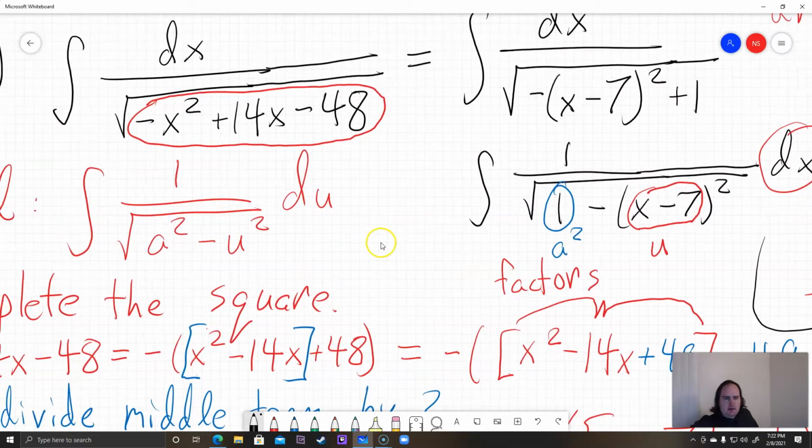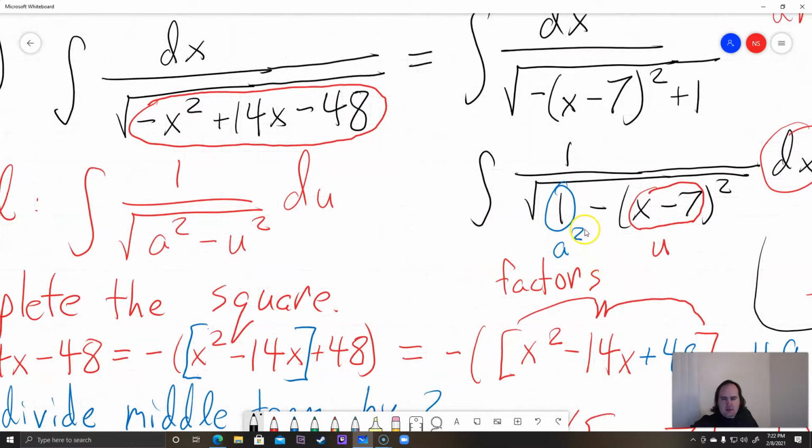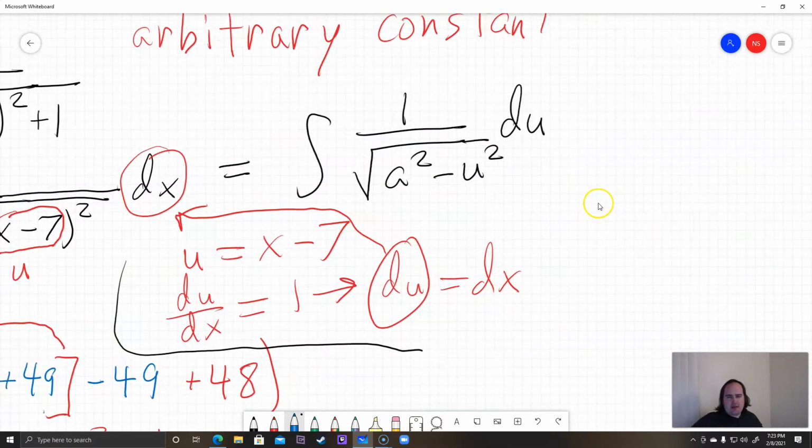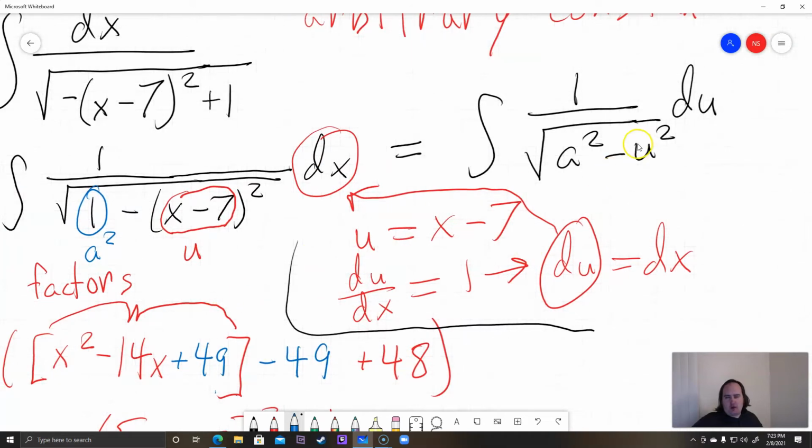And here a squared is going to be 1, and if you take the square root of 1, it's still 1. So since a squared equals 1, that means a is also going to equal 1.